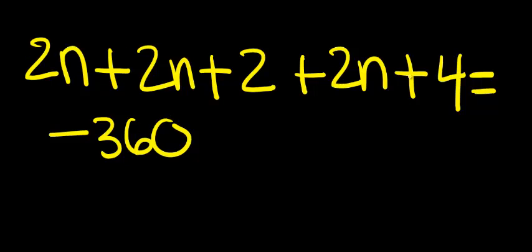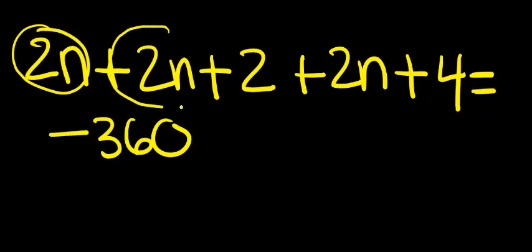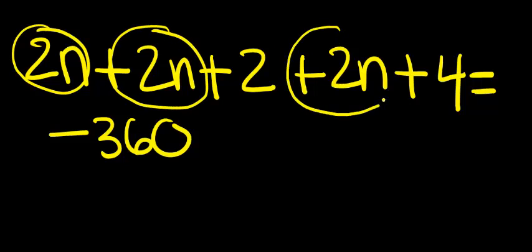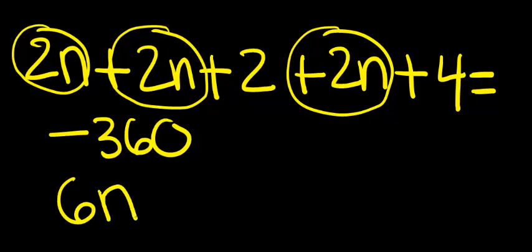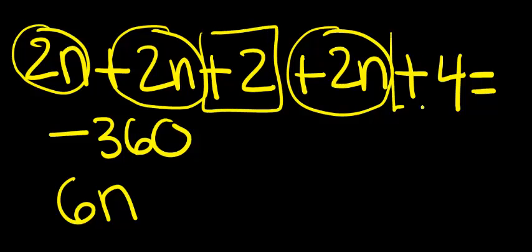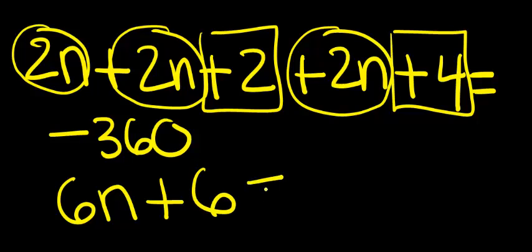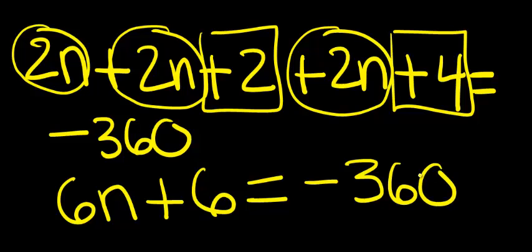So on this left-hand side, let's go ahead and combine like terms. I have a 2n variable term, a positive 2n variable term, and another positive 2n variable term. So that will then give me 6n. I have a constant term of 2, and another constant term of 4. So it's 6n plus 6, and when I add those all together, it's going to give me negative 360.